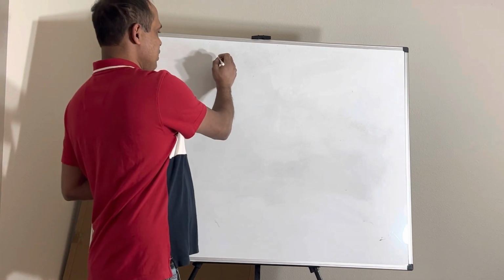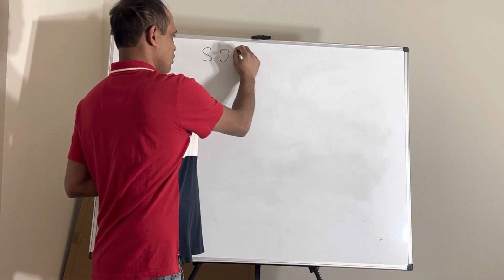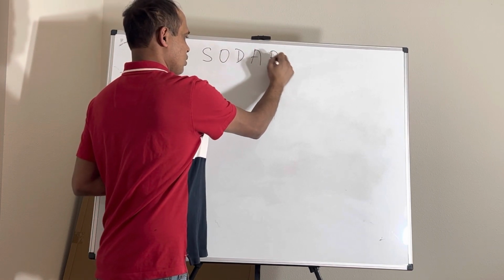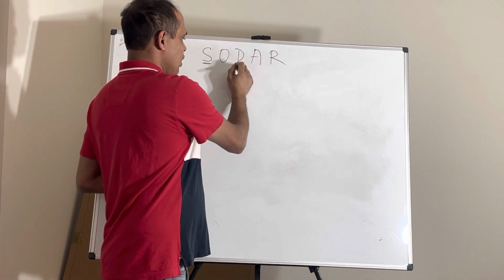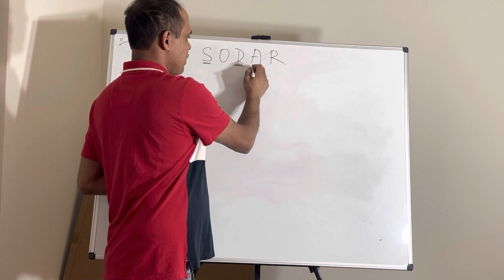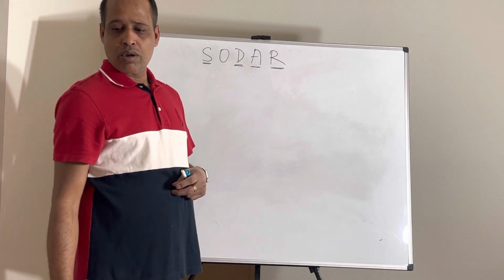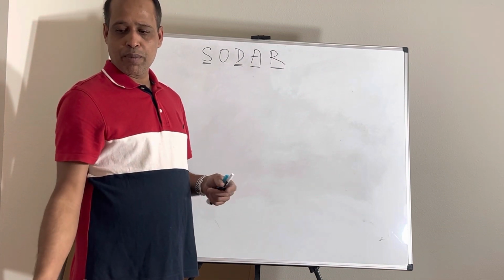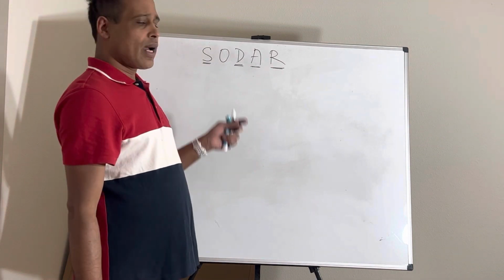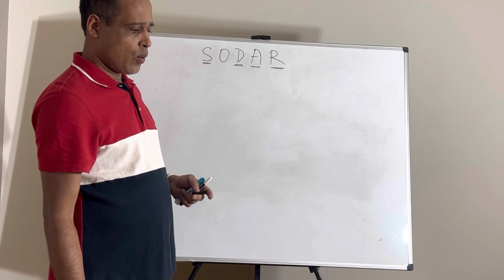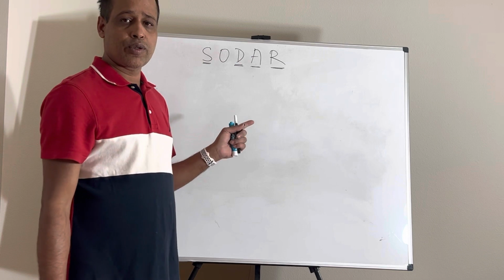In short, we write it as SODAR, the summation of double bond and ring. So that is called SODAR number. Some people also say unsaturation number. So what exactly does this mean, and what information will we get from the SODAR? It is very important as the first step to determine the structure.